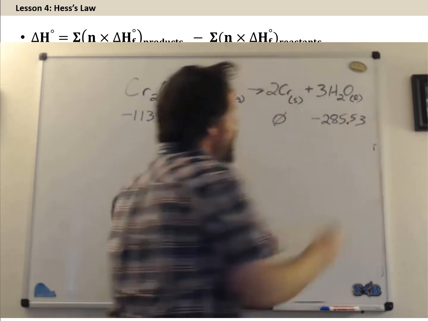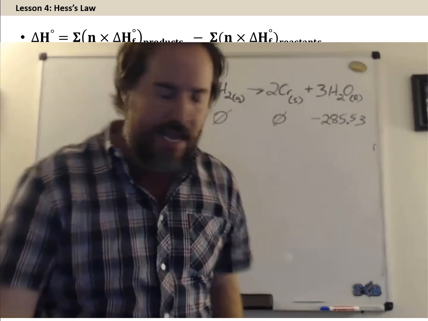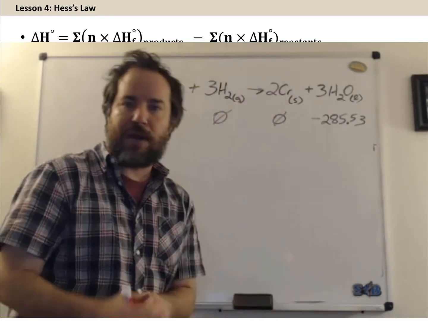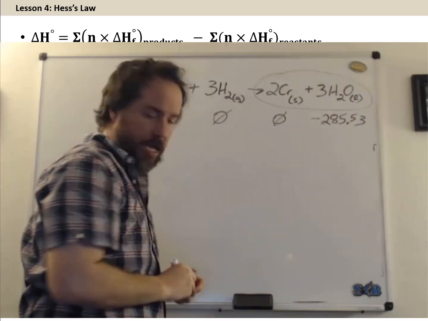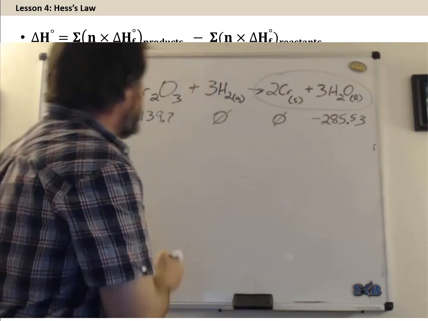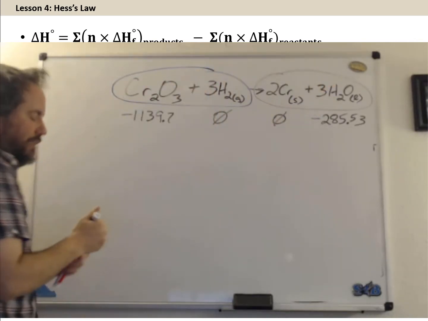Okay, so I'm going to use this, but remember the key is it's products minus reactants. So we have to be careful. These are my products, and my reactants are over here. So it's going to be these minus this.